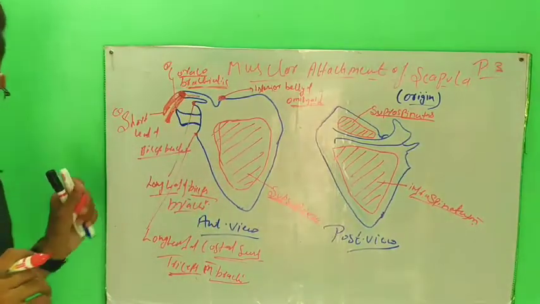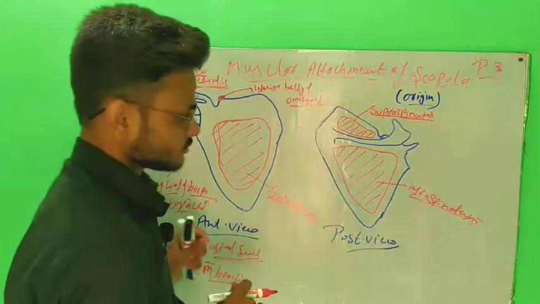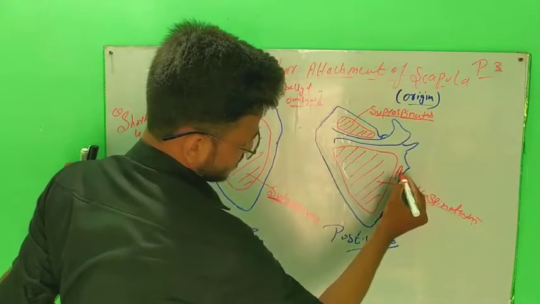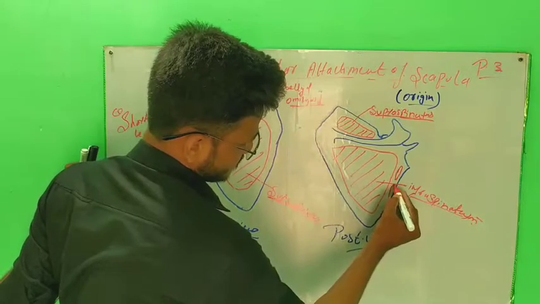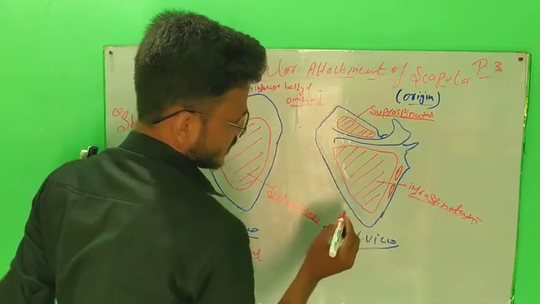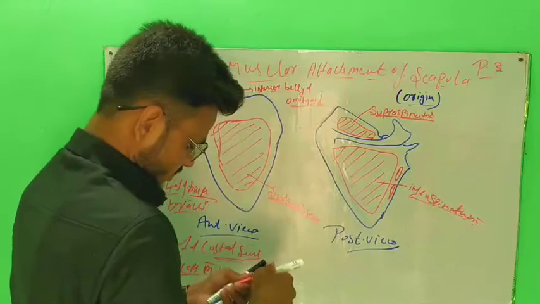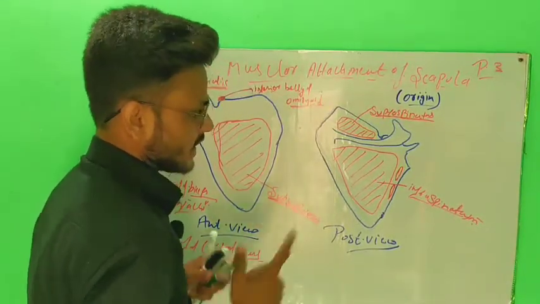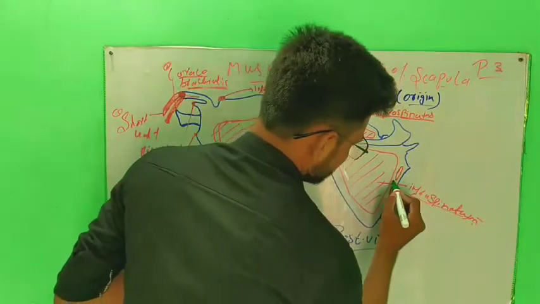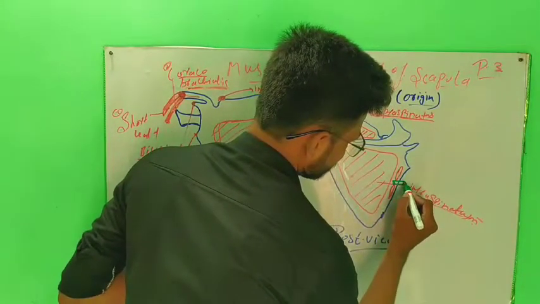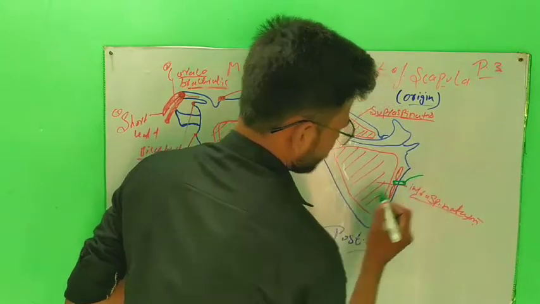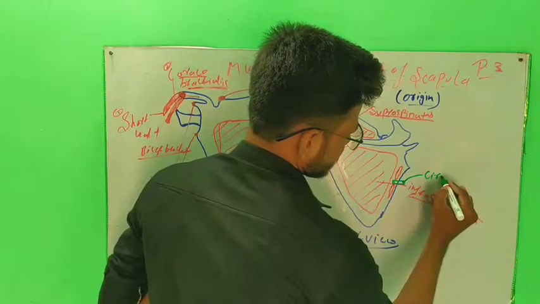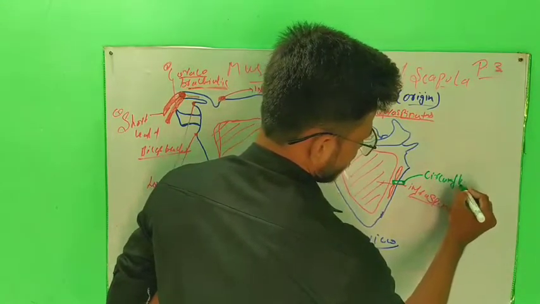Now our third muscle has two slips. In between the first slip and the second slip there is one artery, called the circumflex scapular artery.